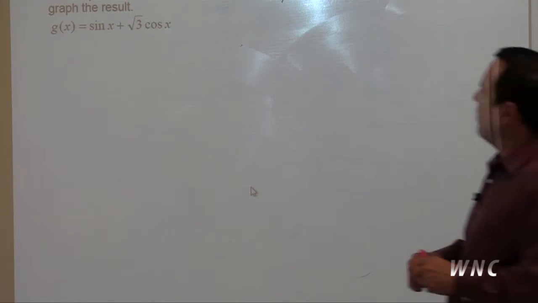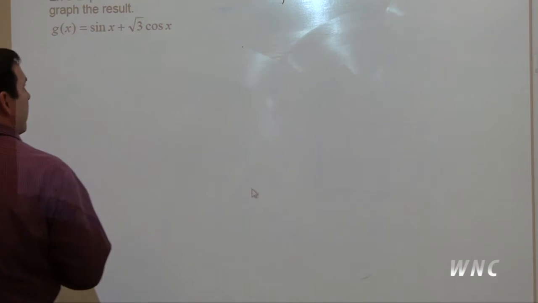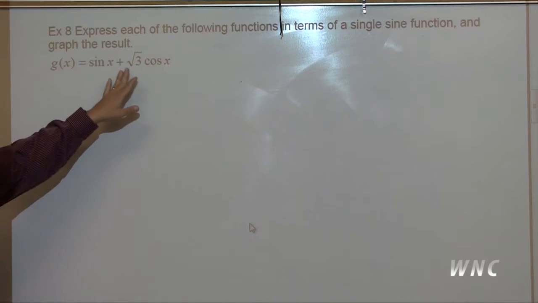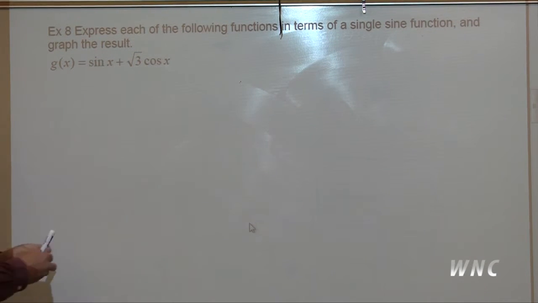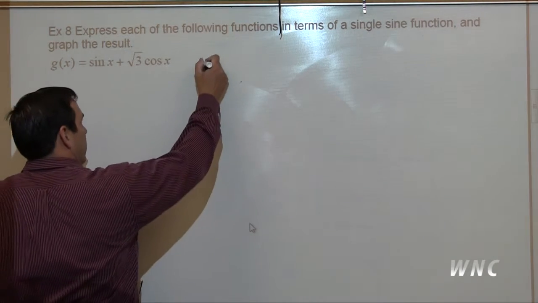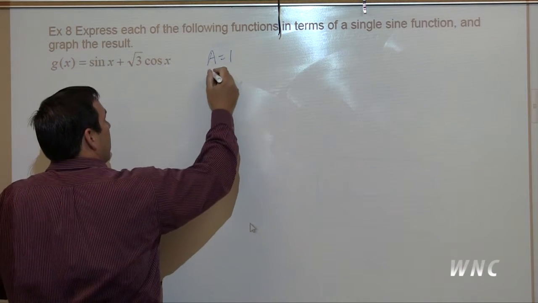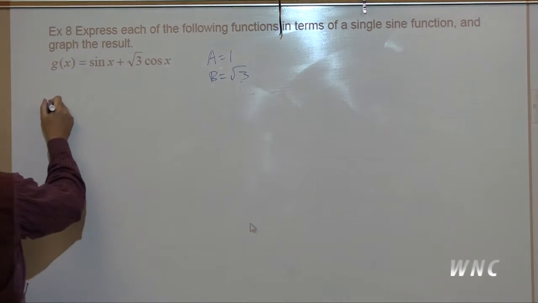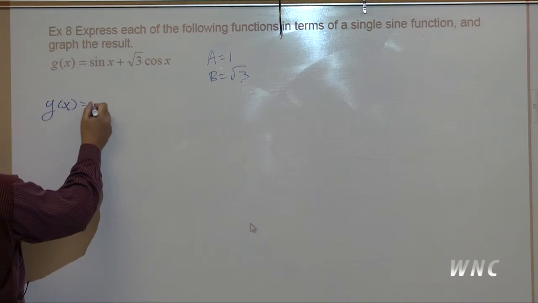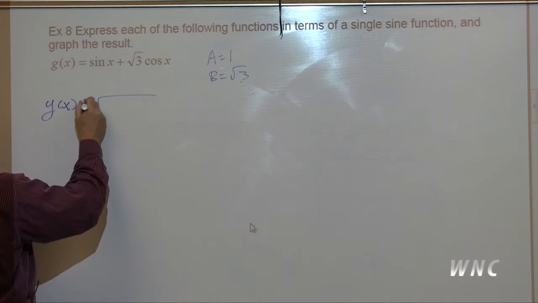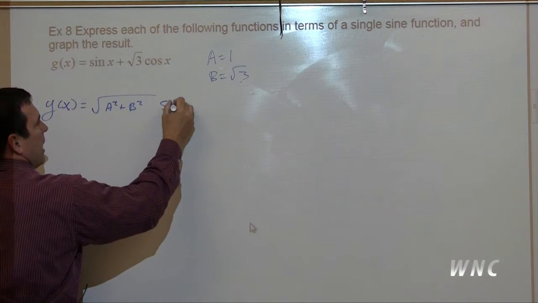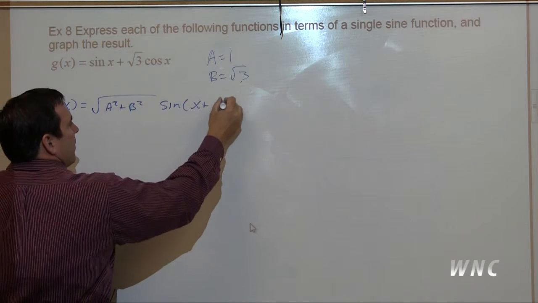Express each of the following functions in terms of a single sine function and graph the result. So we have g of x equals sine x plus square root of 3 cosine x. So in this, our a is 1 and our b is the square root of 3. So g of x will be the square root of, remember it's a squared plus b squared, sine of x plus phi.